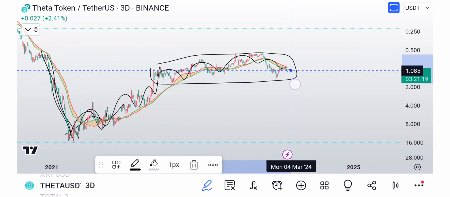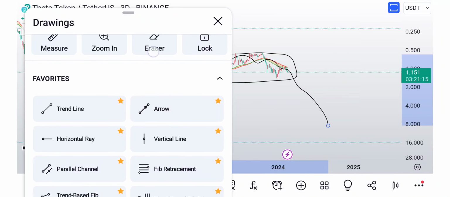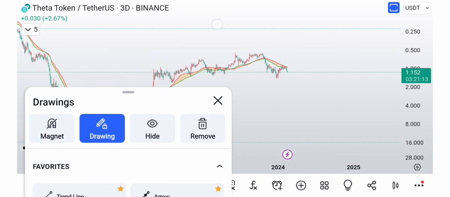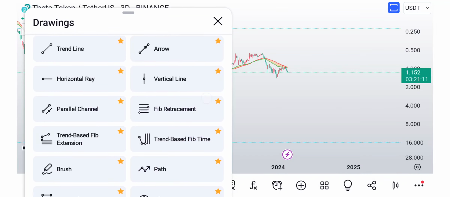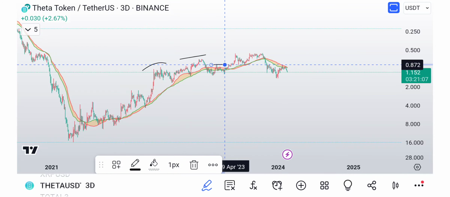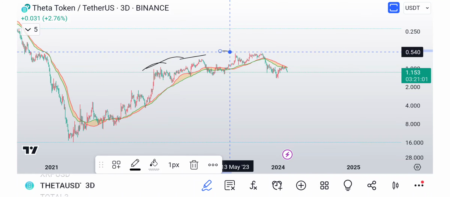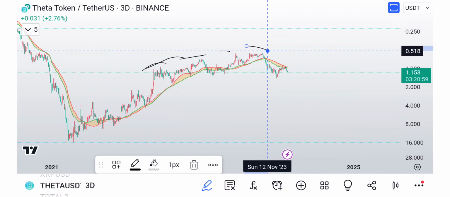You can see it looks like it wants to go down, right? And then you can also see all of these shoulders in here. So you have a shoulder, you have a head, you have a shoulder, right? You also have a shoulder, head, shoulder. So you're getting all of these distribution points.